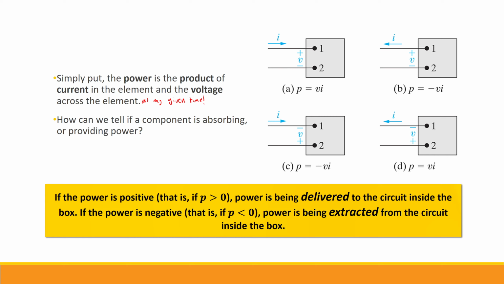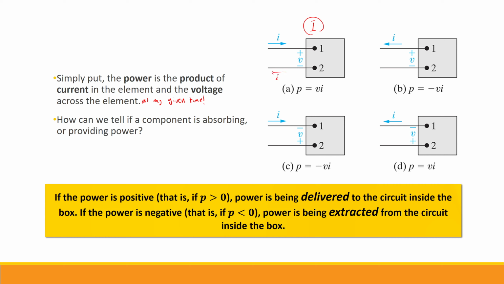So now, how can we tell if a component is absorbing or providing power? Let's just go over this circuit first. I just call this circuit 1. In circuit 1, as you can see, we have the current that goes through terminal 1 and comes out of terminal 2.